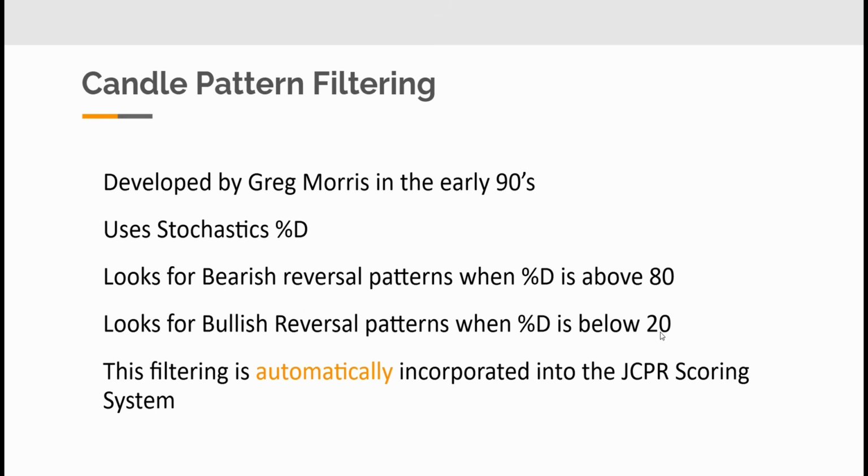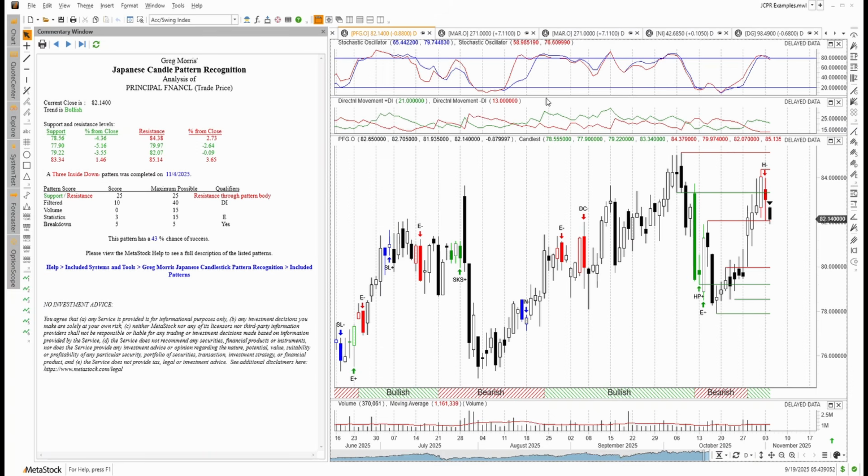What this add-on will do is give you a score of how well it thinks this is going to do, and it will incorporate the filtering right into your scoring. So if I come back over here to the chart, you can see we have the percent D up here. What he's looking for is whether it is above 80 or below 20, depending on the circumstance. Right now, we have a bearish pattern, so we want it above the 80, which would be better in our filter overall.